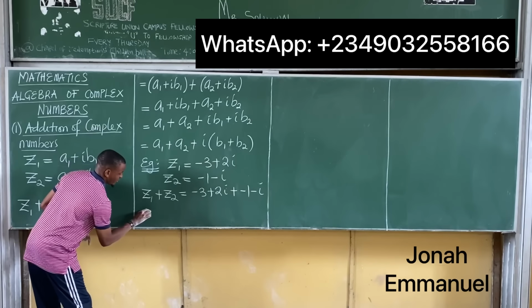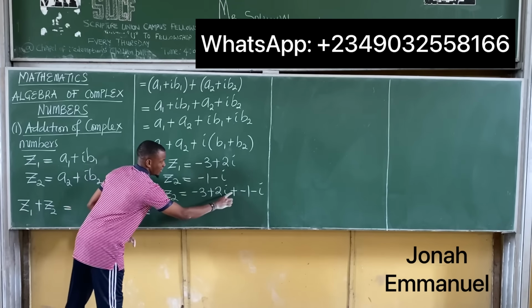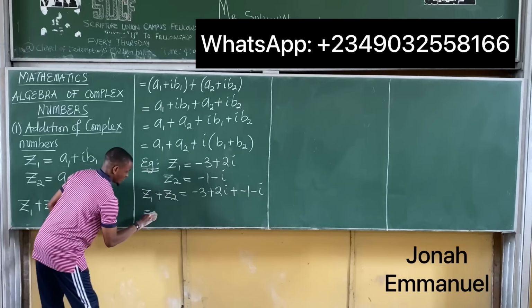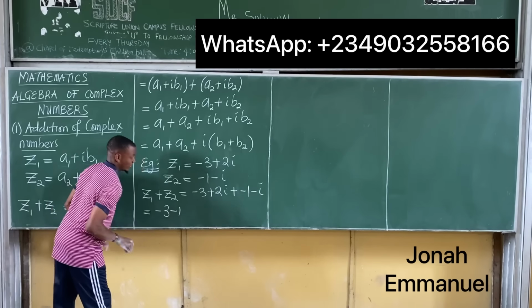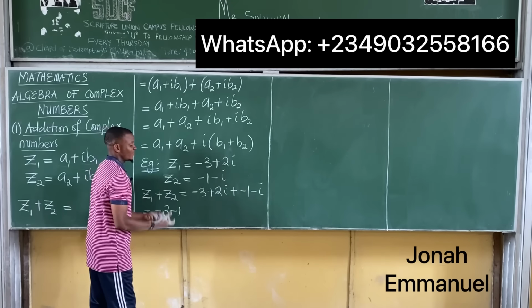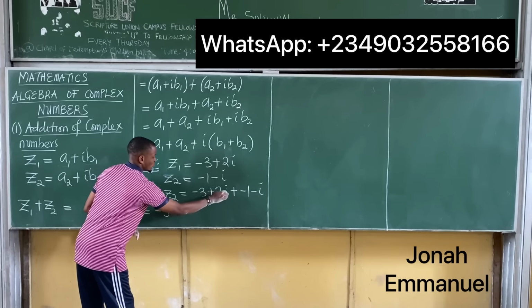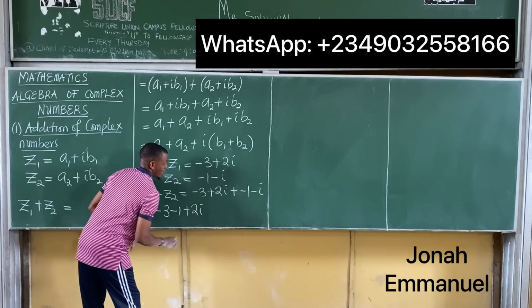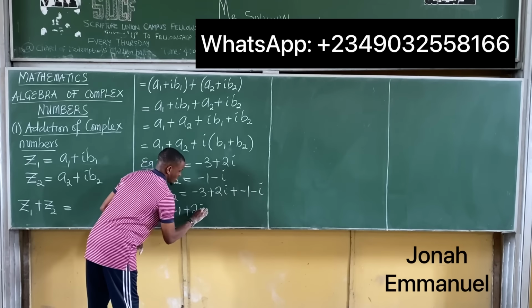If I take out my real parts, I'm having minus 3 plus minus is minus, so minus 3 minus 1. If I take out imaginary parts, I'm having plus 2i, plus minus is minus i.